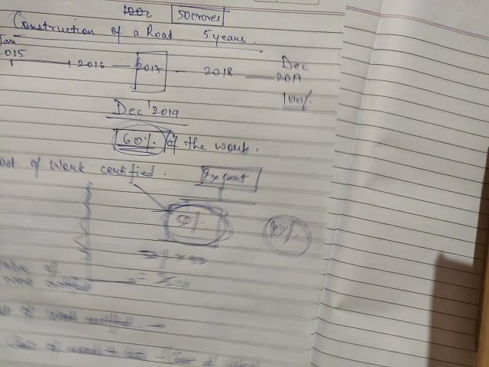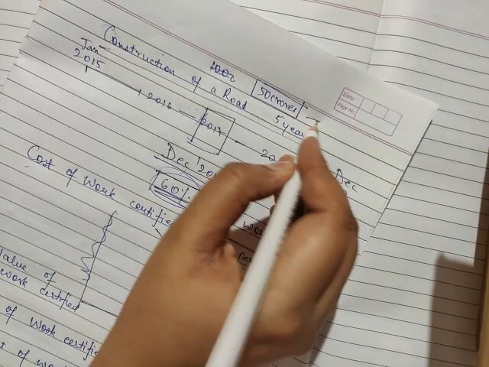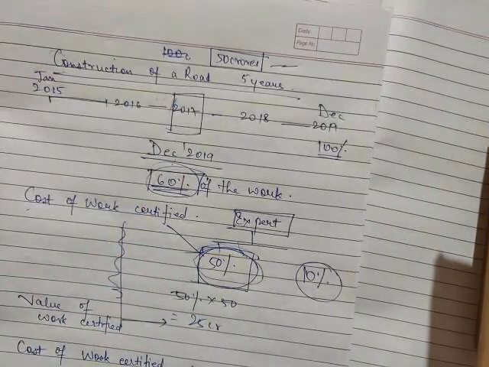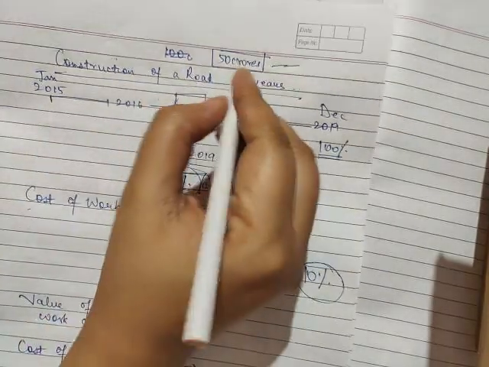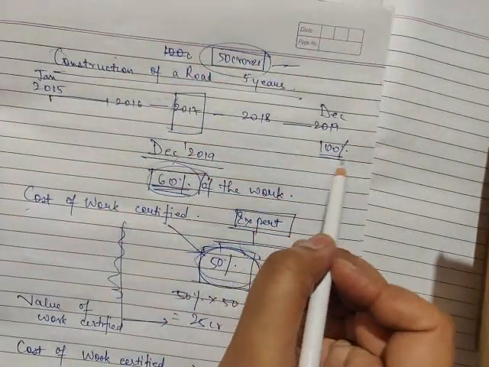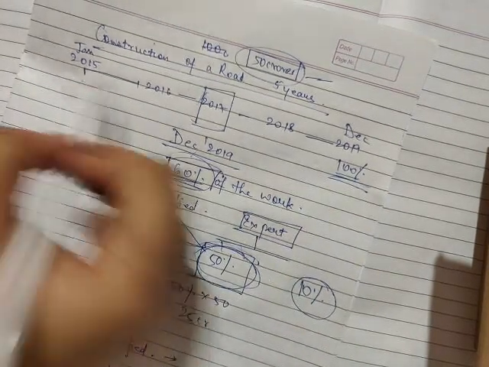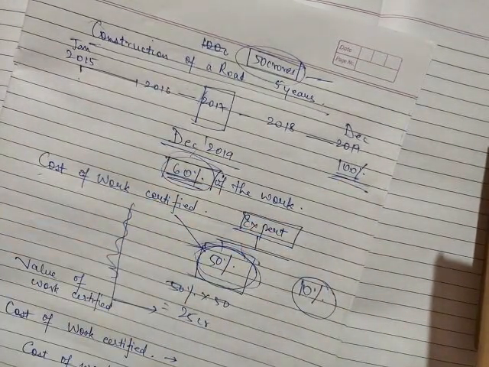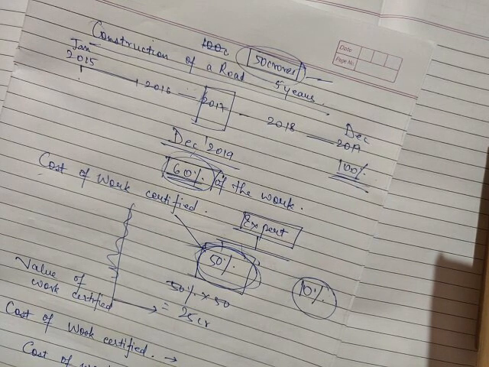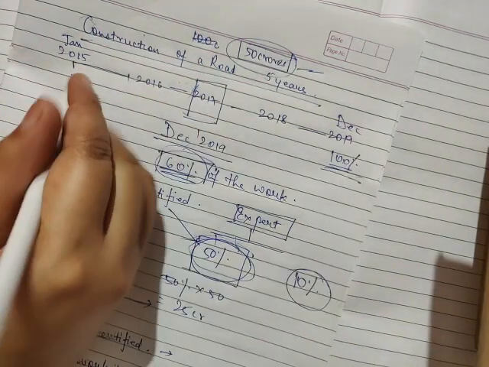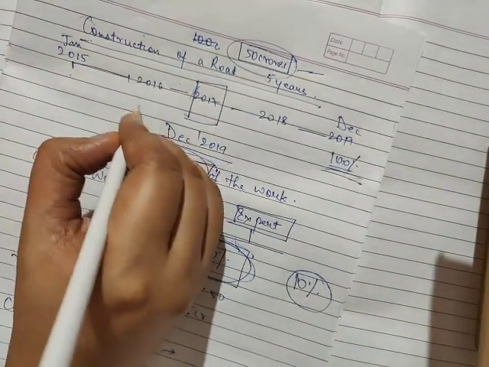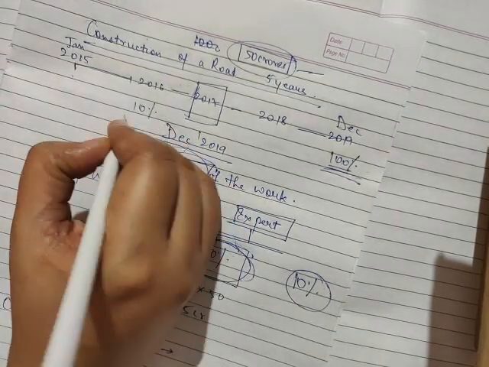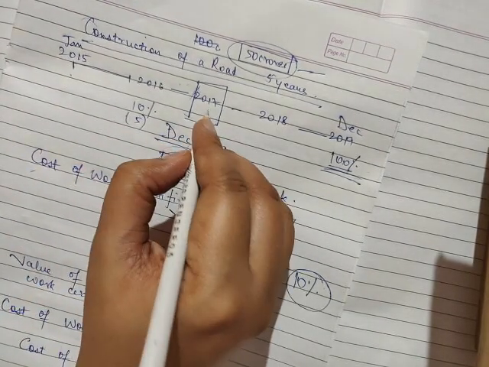So next, now this is a 50 crores contract. Generally, for each contract, the entire 50 crores is not received at the end of the contract. That is, you do not have to wait till December 2019 to get the money for this contract. Usually, the whole payment terms are laid down in the contract. Say, by the end of 2016, you'll get 10% of the amount, that is 5 crores.